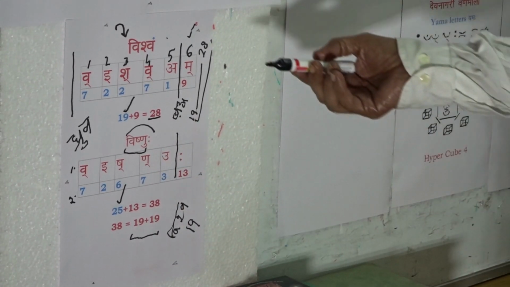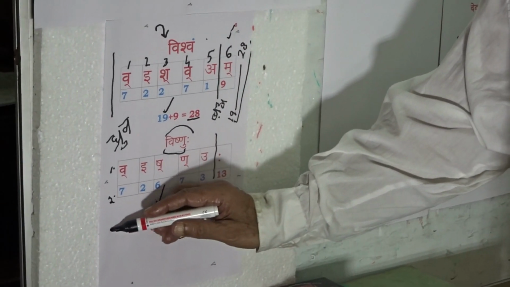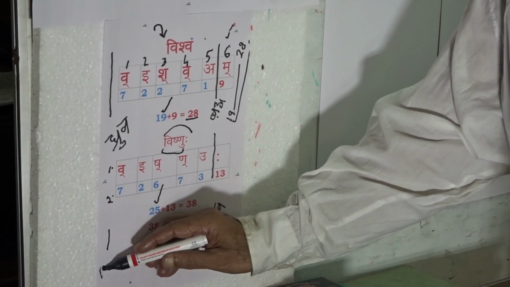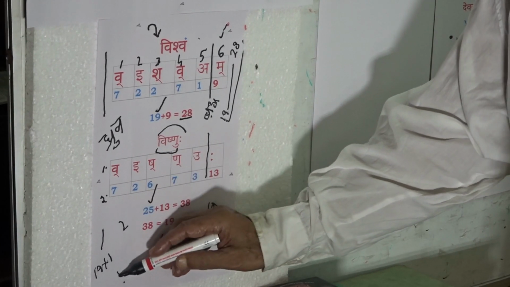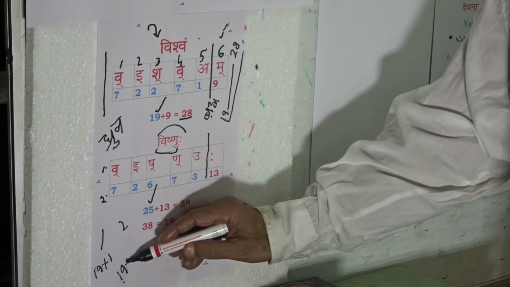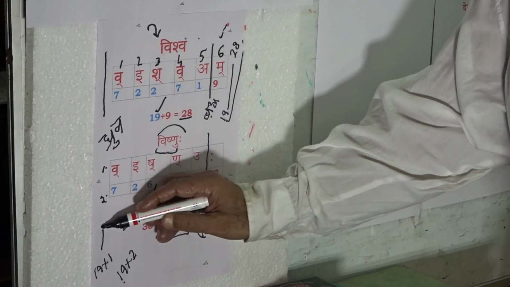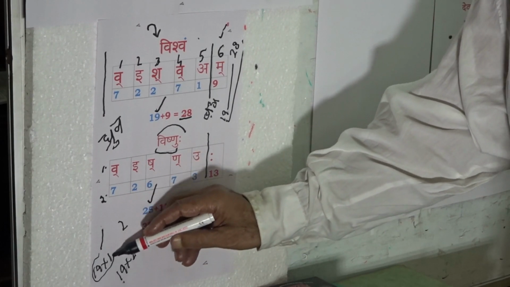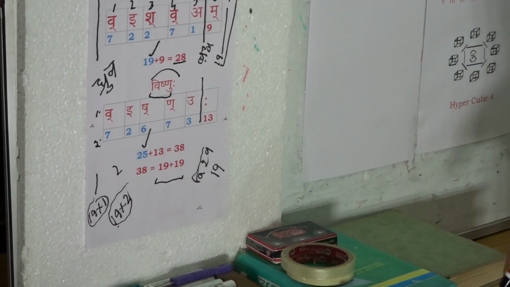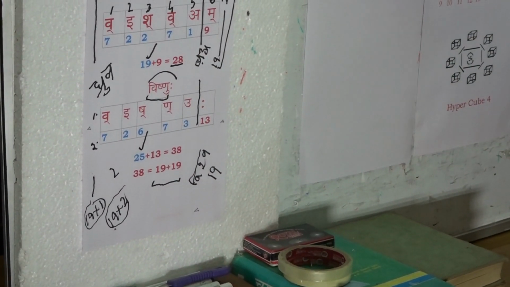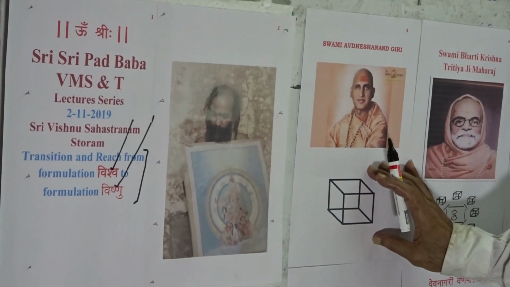Therefore, this sequential transition is as 19 into 1 to the second phase as 19 into 2.